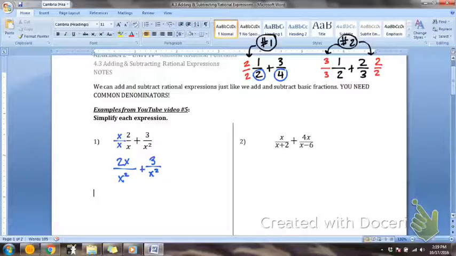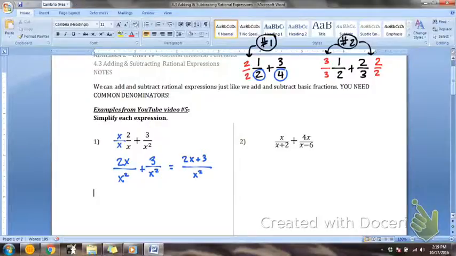So now that your denominators are the same, we're going to rewrite it with one denominator, 2x plus 3, all over x squared, right? Because when we add fractions, we don't touch the denominators once we get them to be common. We don't add x squared and x squared. It's just going to be x squared.